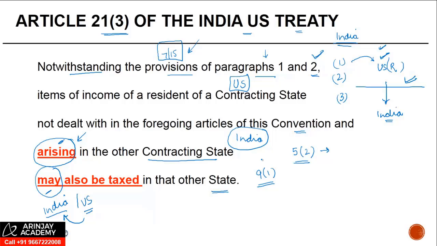But since the words are very, very clear that it is only income which is arising in India which has to be considered, it may not be a correct position. Of course, the judiciary might have held otherwise, but it may not be a correct position to include what has been deemed to accrue or arise in India within the provisions of arising. But having said it, there is a decision which one should look at to find out whether it will be covered under Article 21.3.